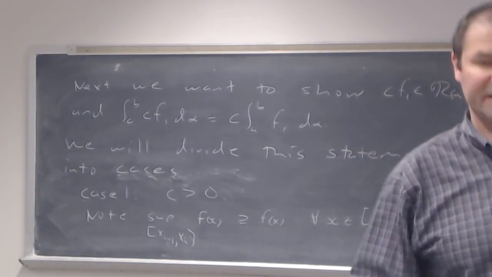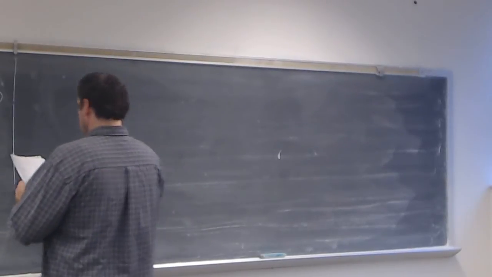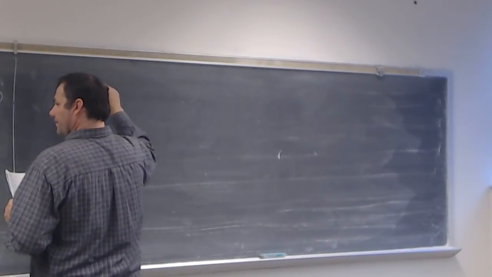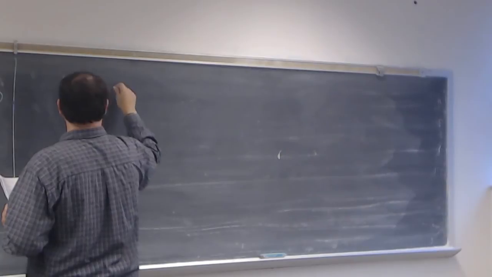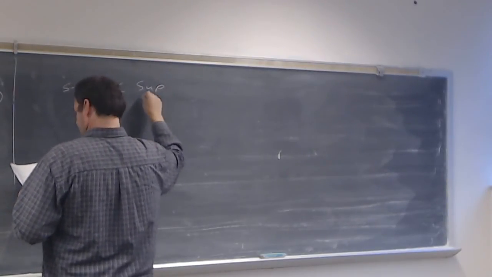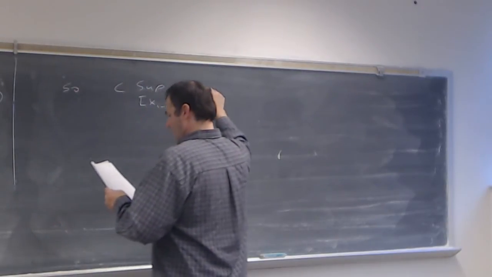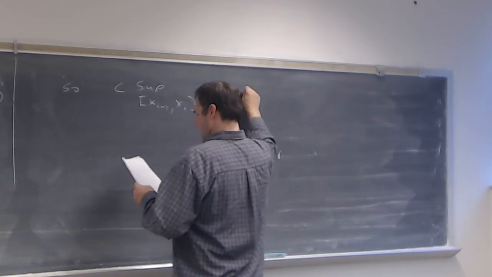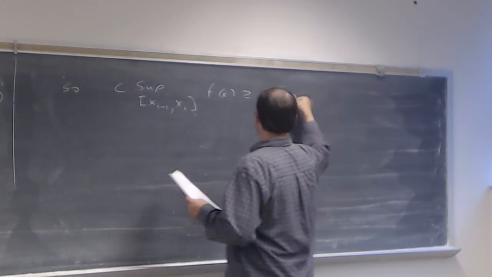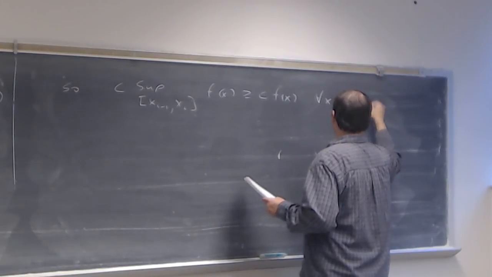So what that tells us, if we multiply both sides by this positive number c, is that c times the sup over x sub i minus 1 to x sub i of f of x is going to be greater than or equal to c times f of x, and that's true for all x an element from x sub i minus 1 up to x sub i.